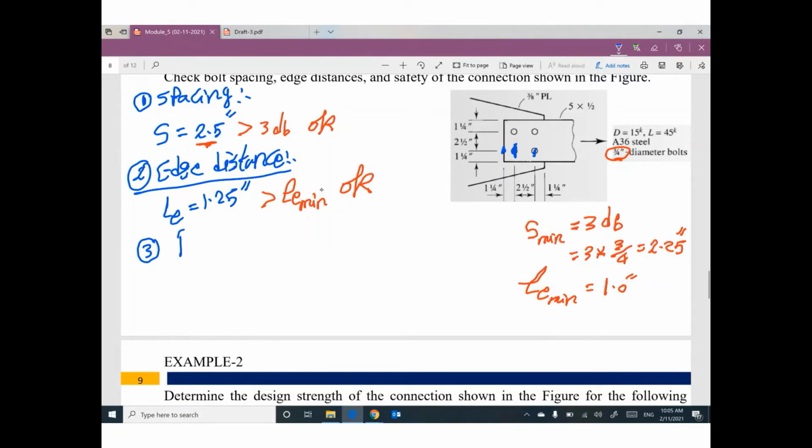P ultimate equals 1.2 dead load plus 1.6 live load. We have dead load equal 15. We have live load equal 45. The final value of P ultimate is 1.2 times 15 plus 1.6 times 45. This value will be 90 kips.